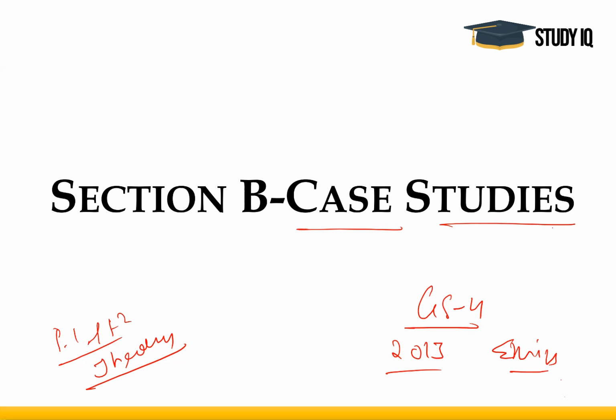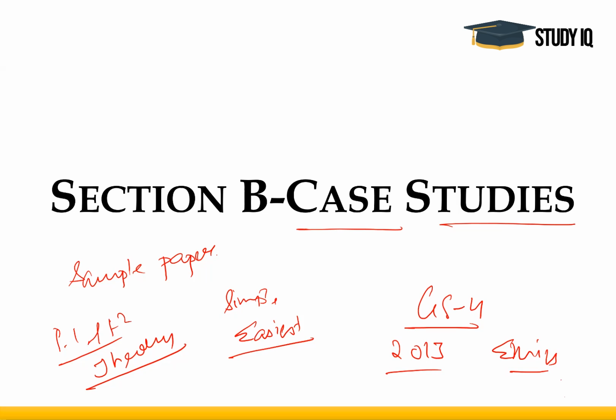All right, so a brief observation, as I had given already about the 2013 paper. Your 2013 paper was very simple. It was the easiest paper as far as the ethics paper was concerned. The reason being, the paper was very similar to the sample paper released by the UPSC prior to the introduction of the ethics GS4 paper in the general studies section.